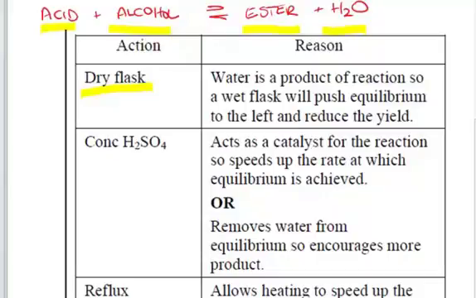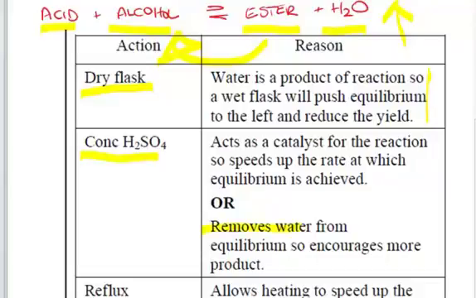Now, in this case, water is actually a product. So if you increase the amount of water, that tends to shift the equilibrium to the left. So that's one of the reasons that we would make sure it's dry. The concentrated sulfuric acid, you should know by now that it does remove the water.